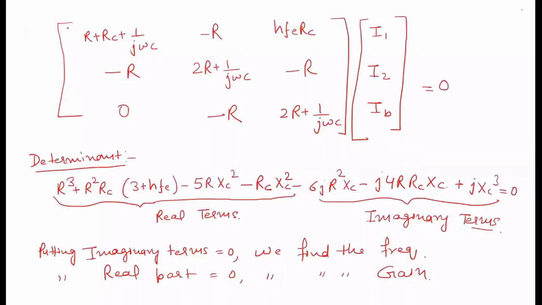By putting the imaginary terms equal to 0, we can write it as 6 R square XC plus 4 R RC XC minus XC cube is equal to 0. So these are the imaginary terms. We have set it to 0, and we can find XC is equal to square root of 6 R square plus 4 R RC.